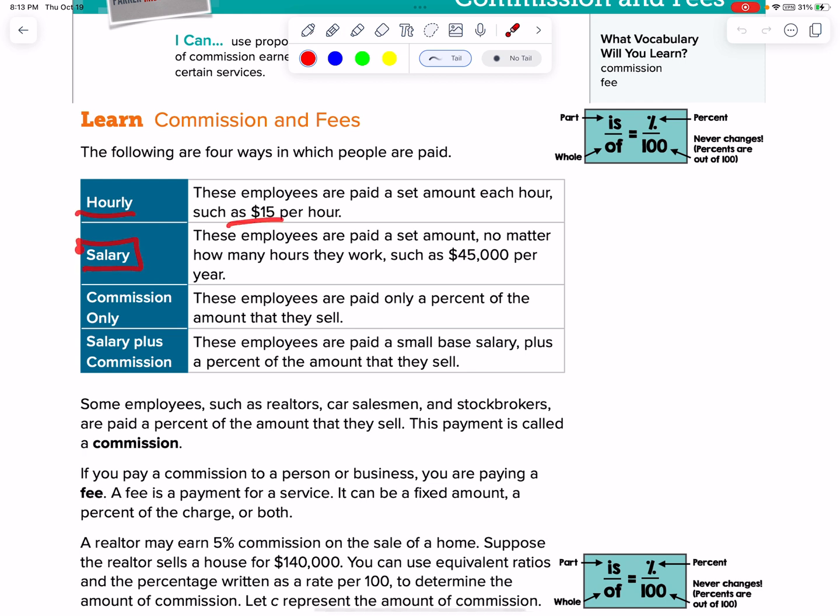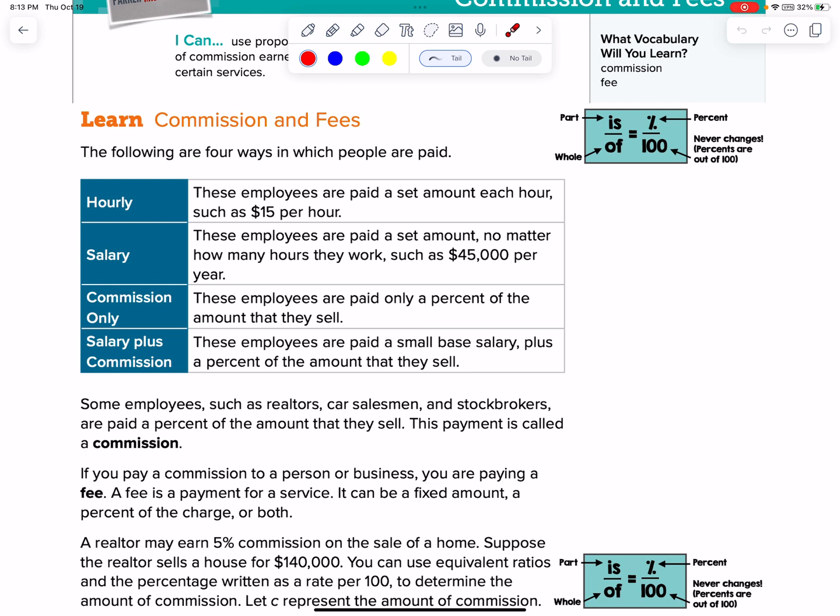You might be a salary person. I'm paid salary, so from September to June is when I get paid, and I get a certain salary for that many months. I get paid for just those months, and then that's it.